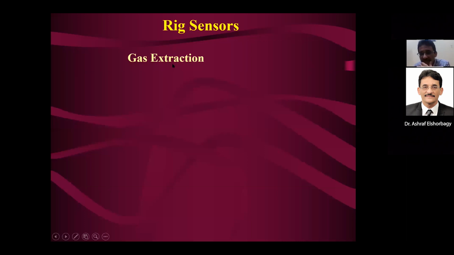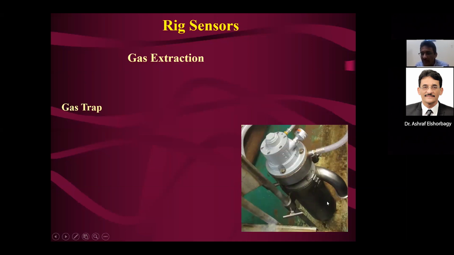What is the meaning of gas extraction? Sensors, yes. What is the function of this one? This one starts to extract the gases from the mud. The first one, which is the old one, is the gas trap. The gas trap is fixed at the bottom belly of the shell shaker.